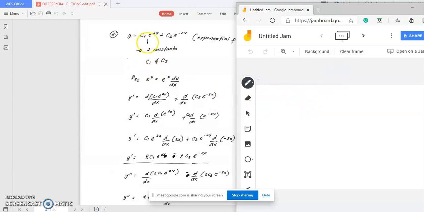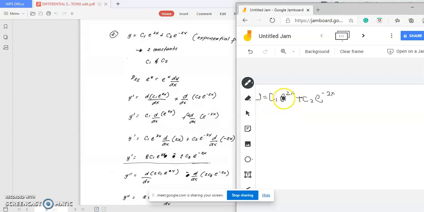Okay. So from here, our given is y equals c sub 1 e to the power of 2x plus c sub 2 e to the power of negative 2x. And we know that we need to derive this twice.